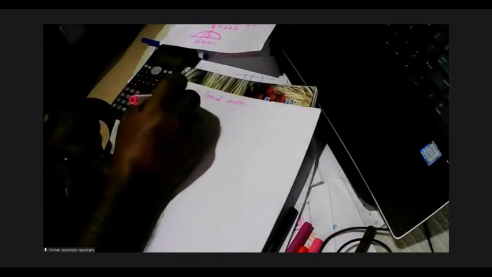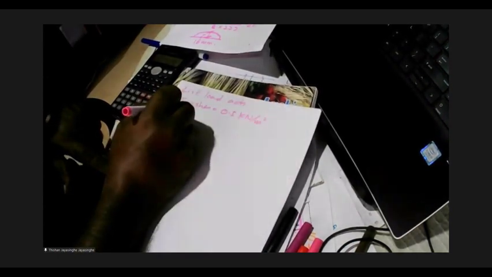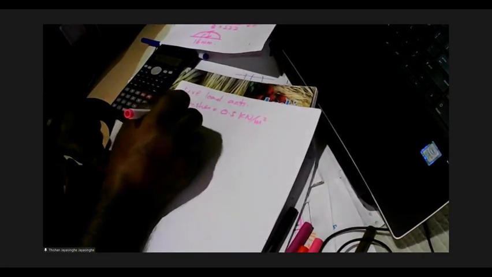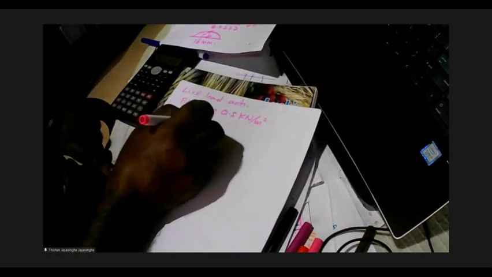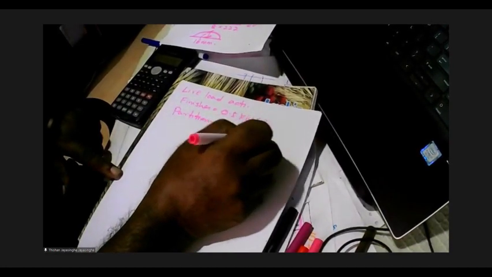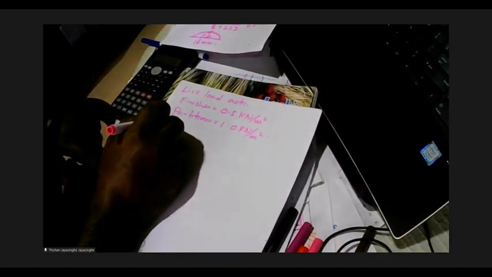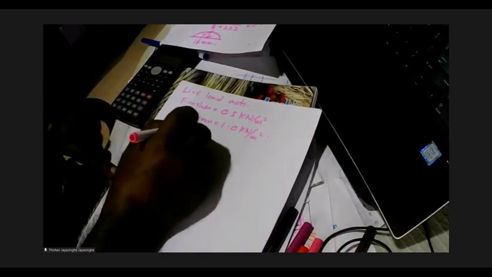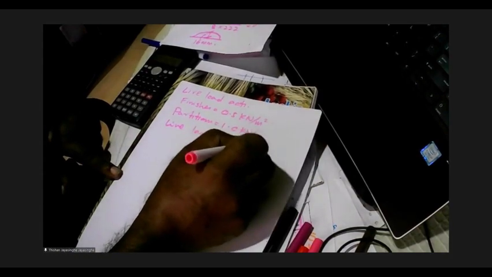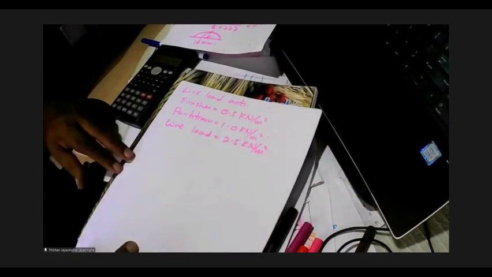So let's say we are having finishes of 0.5 kilonewtons per meter squared, and we'll have partitions of 1, and we have a live load of 2.5 kilonewtons per meter squared.